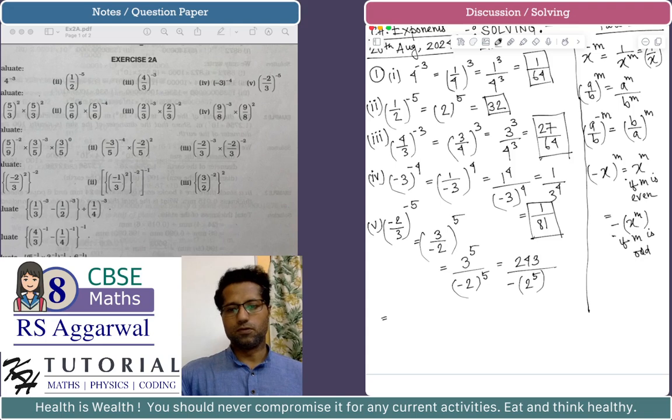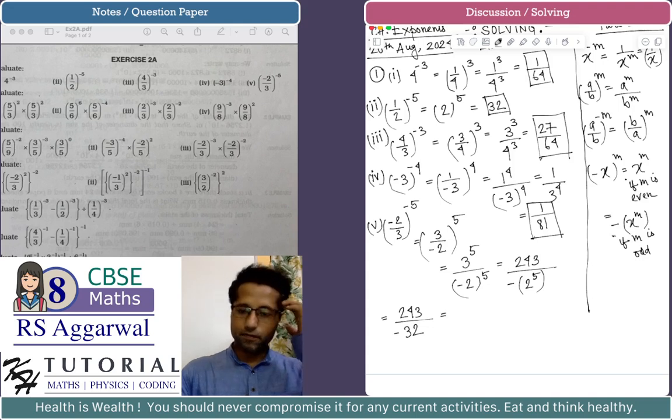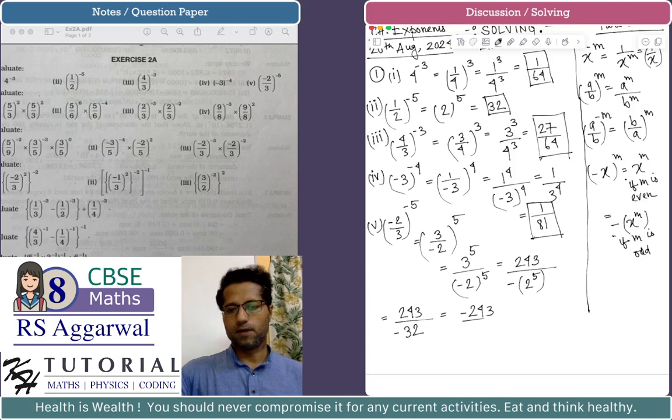So this is equal to 243 divided by 2 to the power 5, which is 32. Now we have the denominator negative, we have to make it positive, so it becomes minus 243 by 32. Okay, so problem number 1 done.